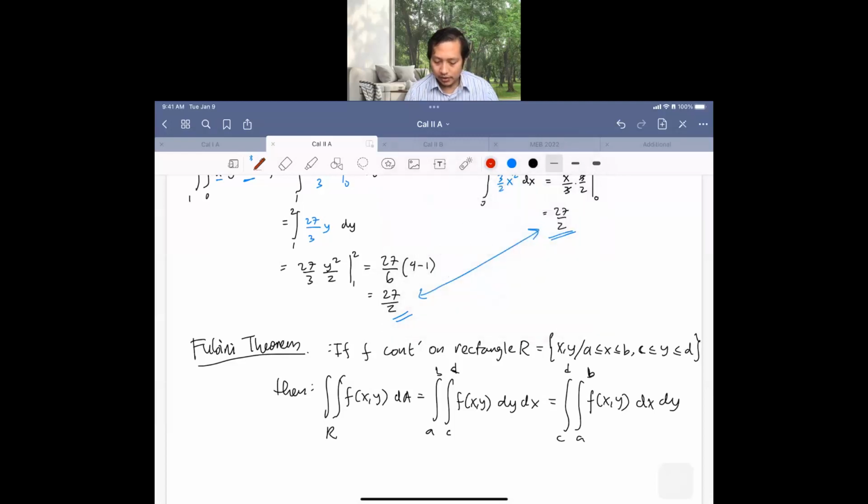So we can exchange the order and choose which one you are going to evaluate first, dy or dx.